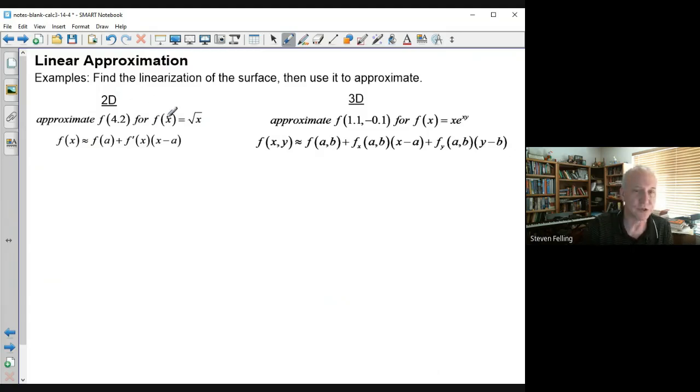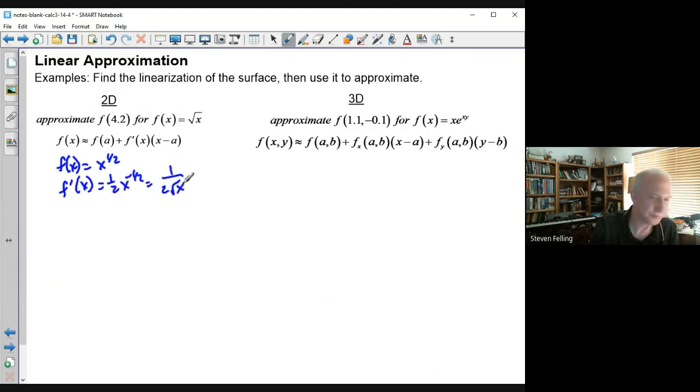So what I'd first do is figure out the derivative of this. If f of x is the square root of x, or x to the 1/2, then the derivative of f of x would be 1/2 x to the negative 1/2, or 1 over 2 square root of x, right? Then by the approximation formula, if I wanted to know what f of 4.2 is, I could pick some other value which is close to 4.2 but easy to take the square root of, like f of 4.